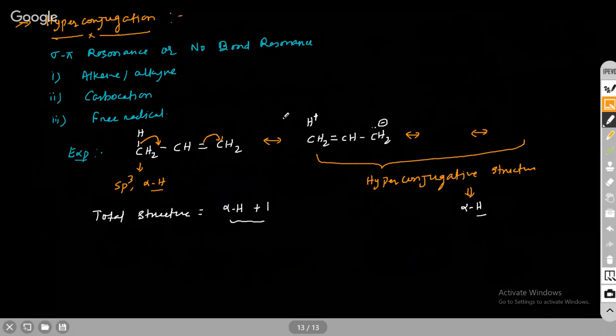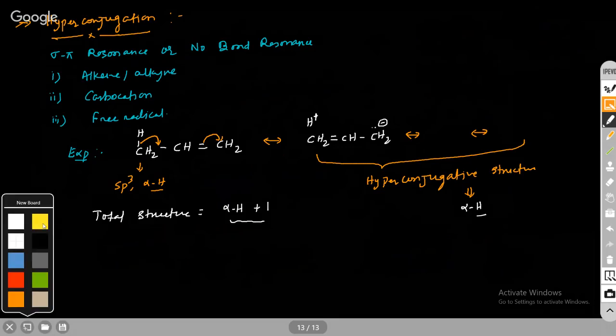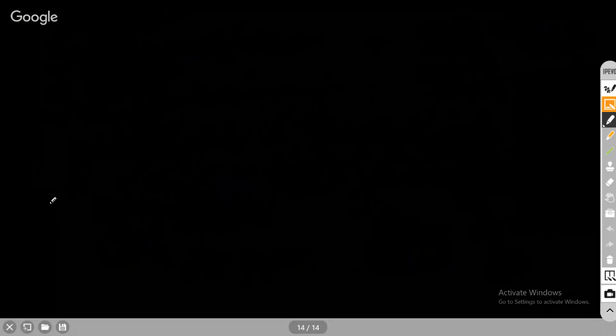Correct? The other thing is, the more the number of alpha hydrogens, the more hyperconjugative structures you can draw, and the more the stability. Got it? One factor we'll understand here is that the stability of alkene is also affected by hyperconjugation.